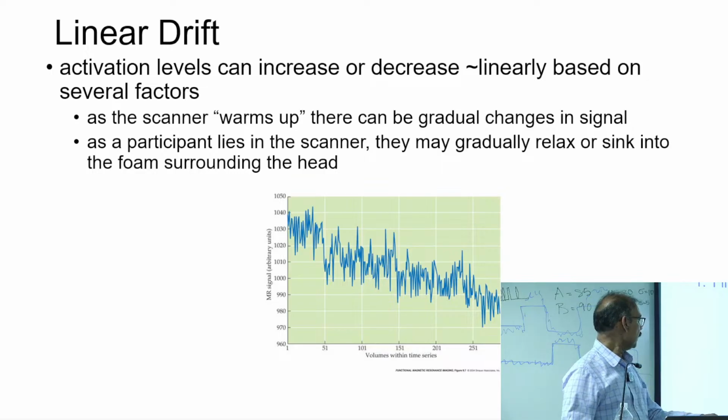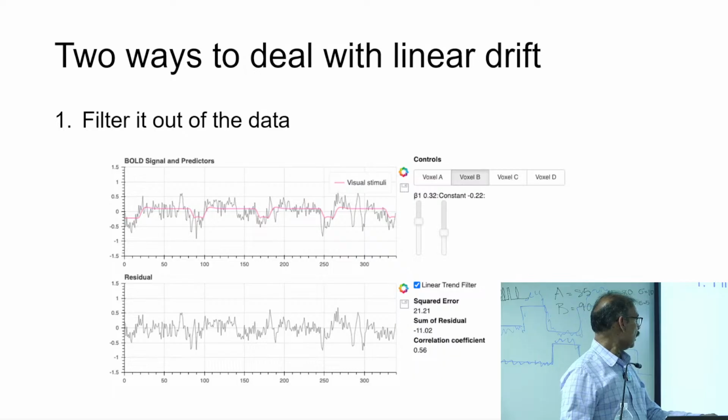Right? So in this case, what you can then do is you can remove the trend and then look at the signal again, right? So you have basically removed a linear trend. And so this would fit with the signal better, right?